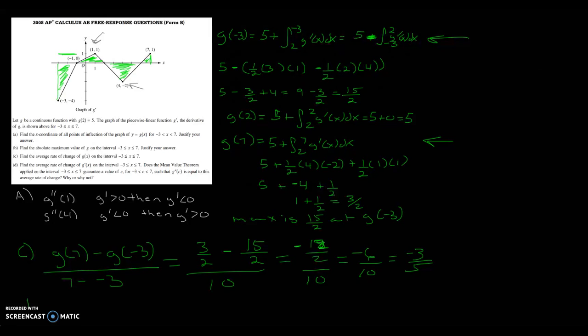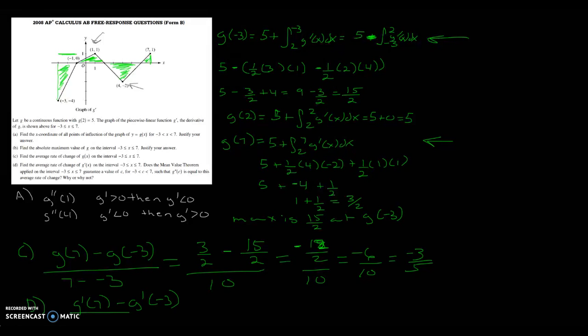Part D, the average rate of change of g prime of x. So now we're actually looking at the graph on the interval between -3 and 7. Does MVT apply? No way, because I already see a bunch of corners and cusps. So anyway, we're still going to find it for them. So it wants us to find g prime of 7 minus g prime of -3.